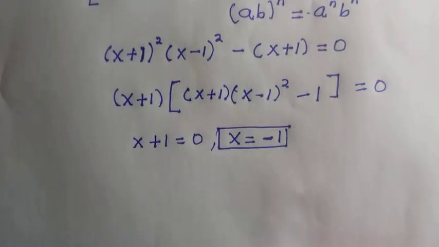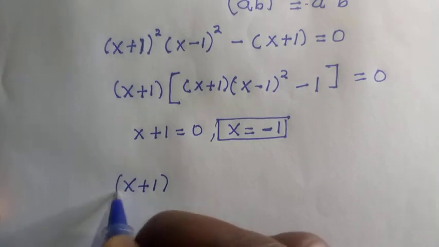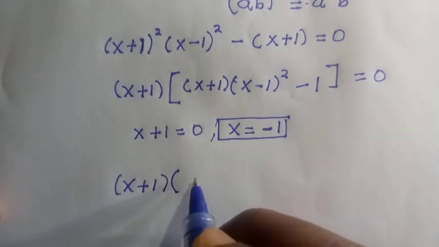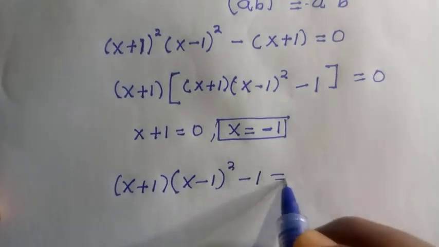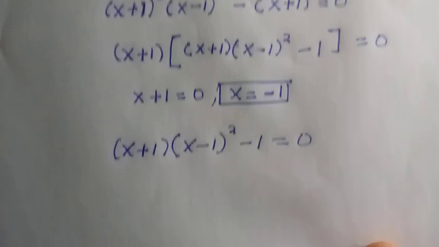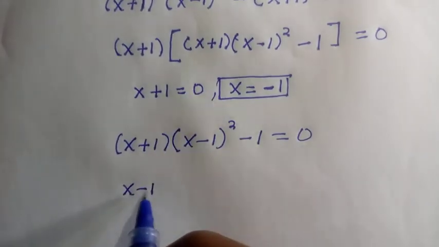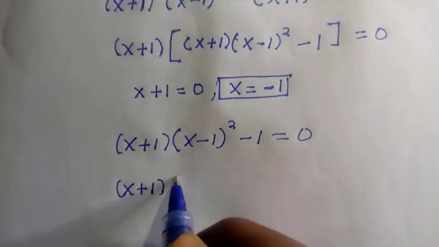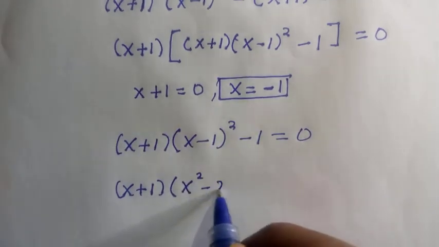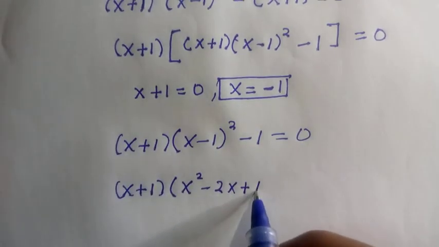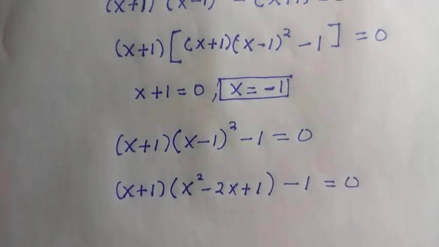And also, for the part in the parentheses, which is (x plus 1)((x minus 1)^2 minus 1) equals 0, suppose we try to expand this one. The expansion gives us (x plus 1)(x^2 minus 2x plus 1 minus 1) equals 0.